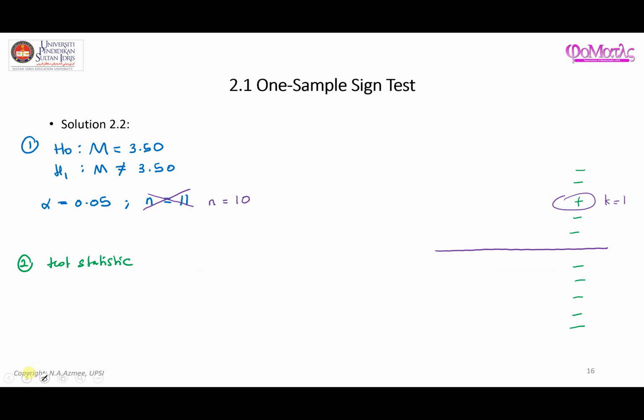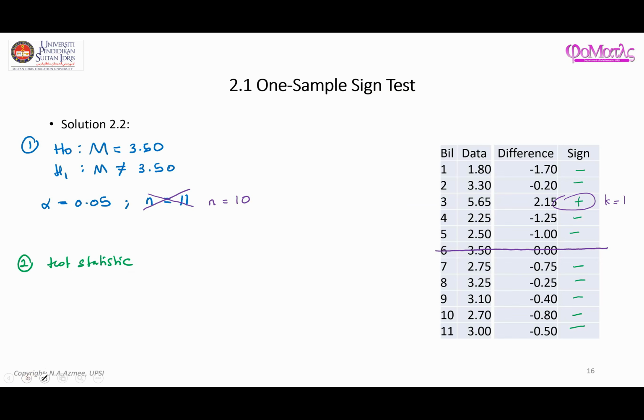Okay, so here the test statistic is just this formula z, where we have k plus 0.5 minus 0.5 times n, over 0.5 times the square root of n.